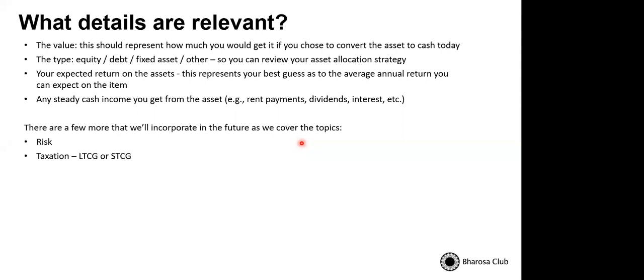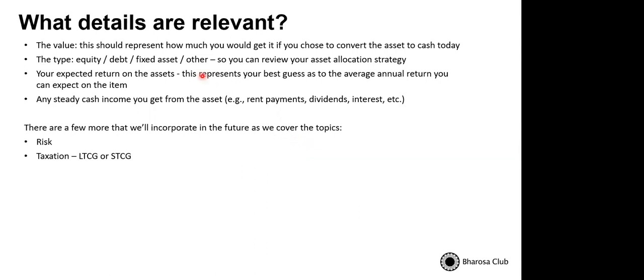What we really care about is how much you would get if you converted that asset into cash today. This is pretty easy to calculate for mutual funds and stocks. You just look at the value of the holding at that point, but it can be a little trickier for some other asset classes. For a home, for example, you will need to put it at the current market price, and there'll be some judgment there, obviously, that you'll need to use.